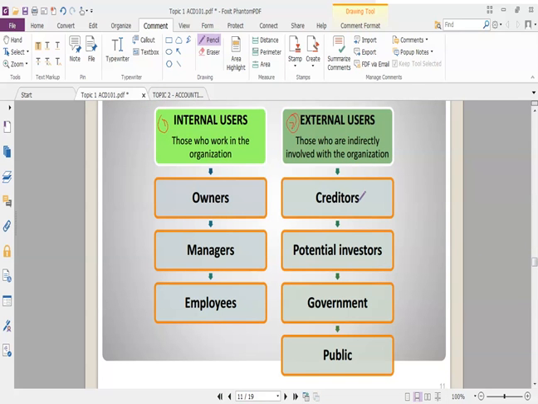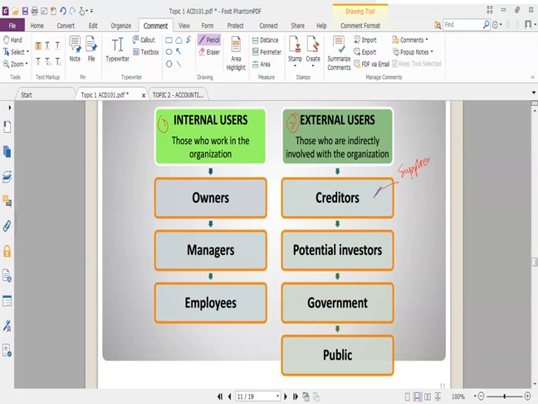For external users, there are creditors. Creditors may be the suppliers of your items that you owe money to.